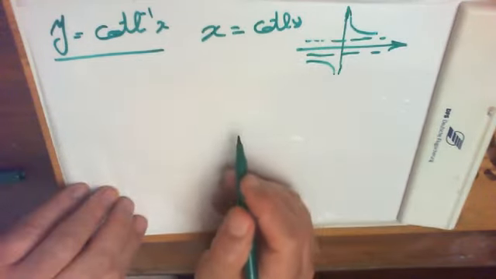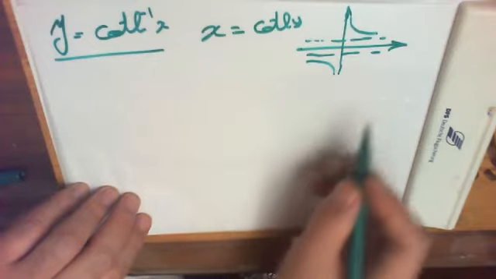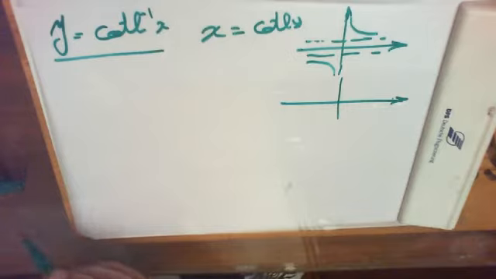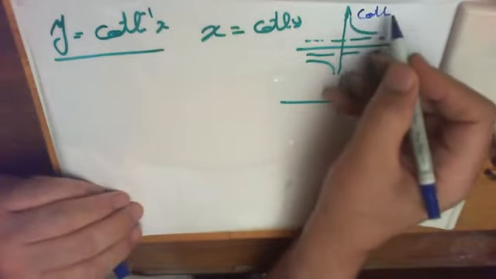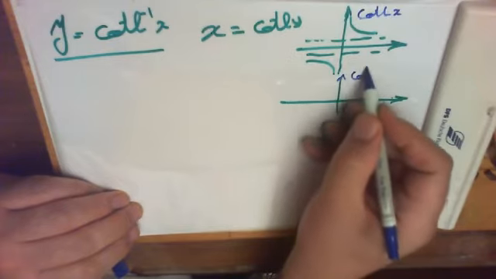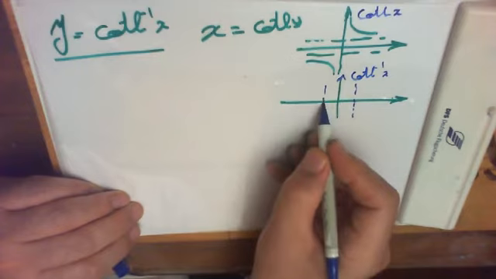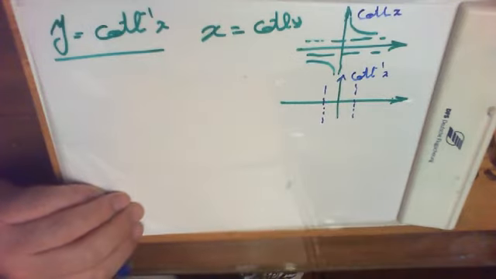Using back-to-right reflection, we'll obtain the new function coth minus 1 like this. This is for coth, this is for coth minus 1. Okay, it is like this.